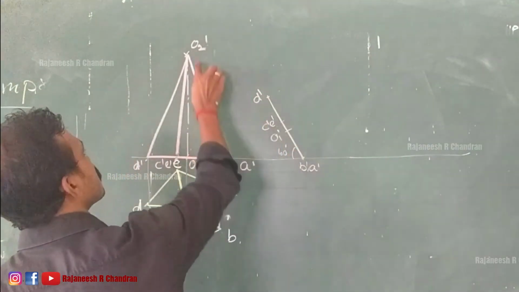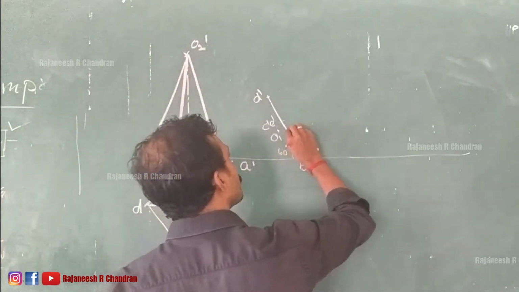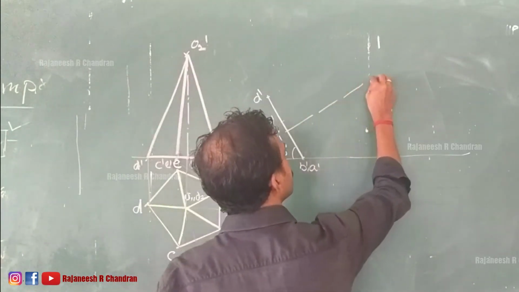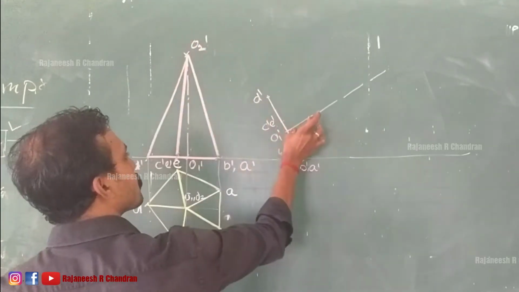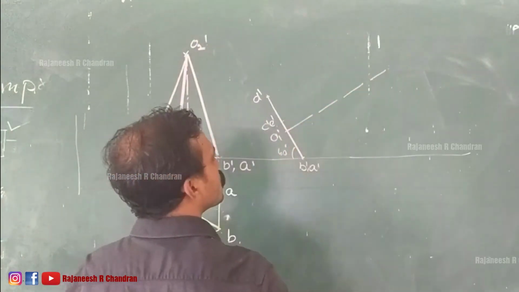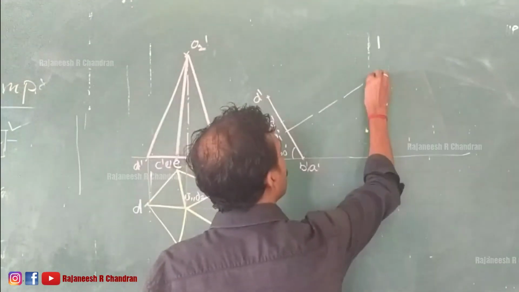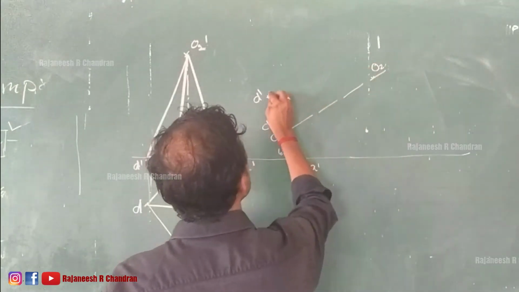Now we know that this height is 60, so draw a perpendicular at a distance of 60. That will be our O2 dash.